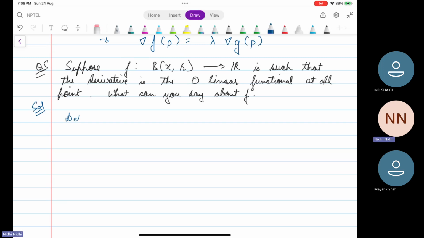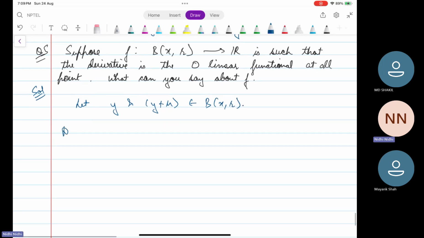Let's start with y and y plus h, two elements in the ball B(x, r).